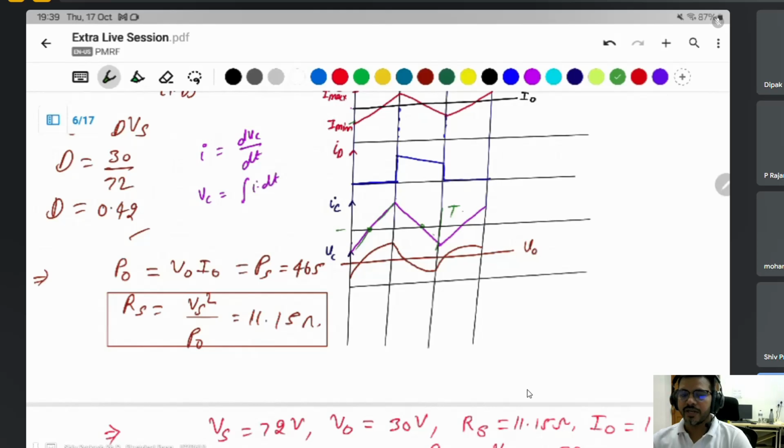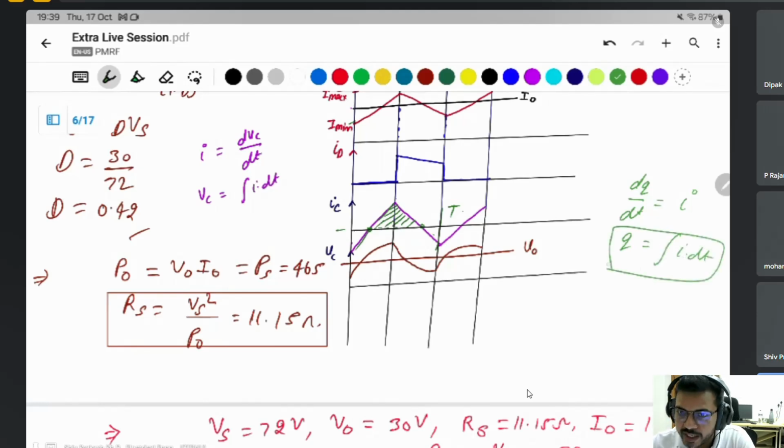So you have to take any one, positive or negative. If you want to take the positive, then you have to calculate the total area of this one, because dq by dt is equal to current. To get the total charge, you have to integrate I into dt, which means the area of this curve.